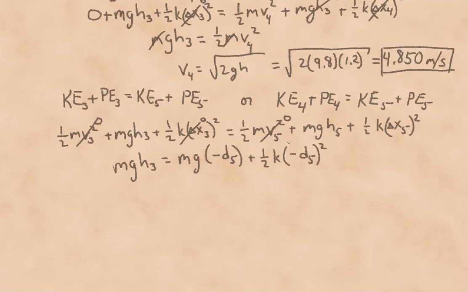For the potential energy stored in the spring, it doesn't matter whether the spring is stretched out or compressed because this quantity always gets squared. So it'll always be positive. No matter whether the distance is positive or negative, the potential energy will always be positive. But now notice this is a quadratic equation.